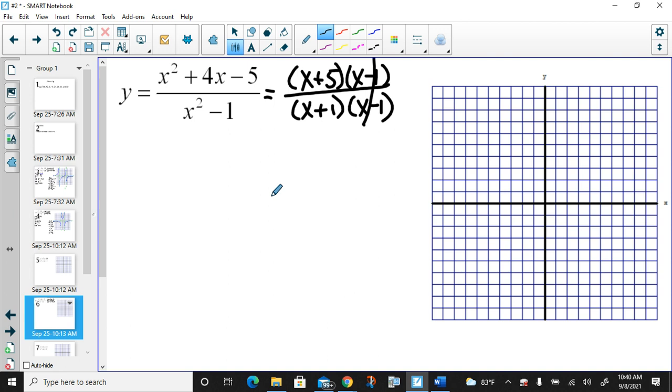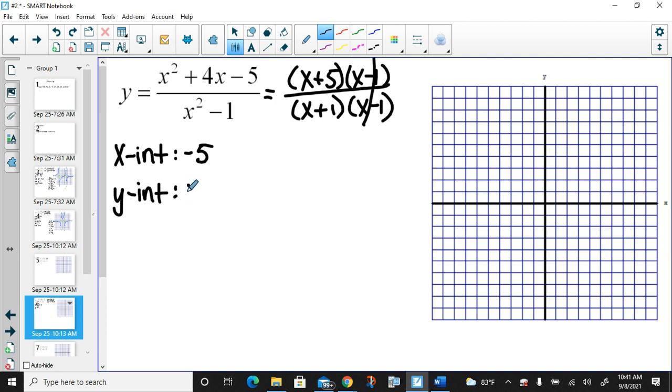All right, so let's go through our normal process here. First we'll look at x-intercepts. This canceled, so it's not 1 anymore. So we only care about this other factor. So we'll have an x-intercept at negative 5. Y-intercept, when we plug in 0, doesn't matter which one we plug it into now. They're both very easy.